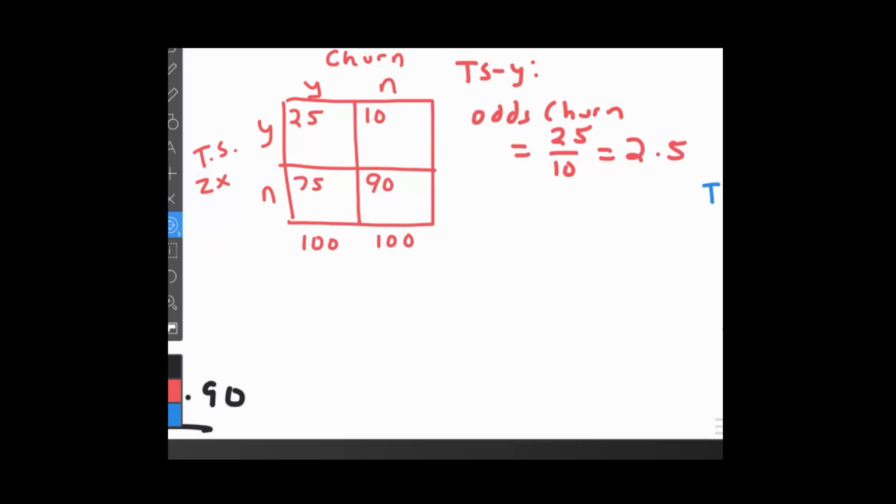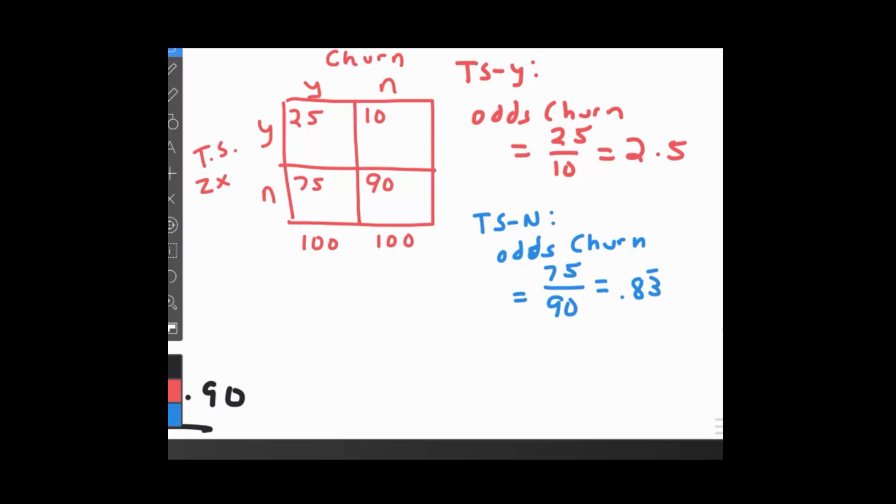And then we'll do the same thing. That's the odds within the people who had the technical service. And then among those who didn't, it's 75 to 90 or 0.83.